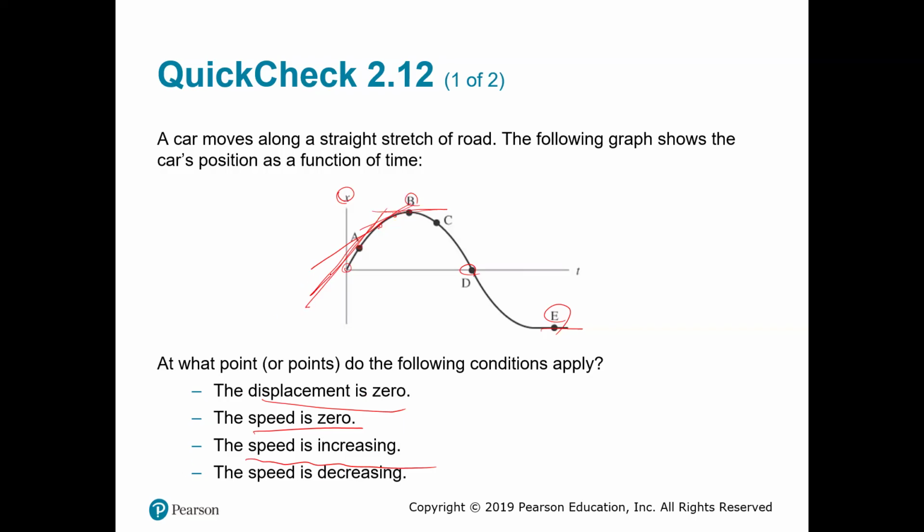So at A, the speed is decreasing. But here, the slope is getting steeper and steeper, so the speed is increasing at point C. This question is not simple, so make sure you understand it. Pause the video and think about it again.